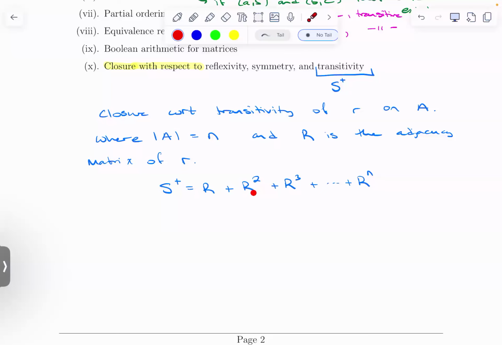How do you get R squared? You take R times R. Matrix multiplication. Uh-oh. How do you get R to the 3? Well, you take R squared times R. And then you take it times R all the way up until N, which is going to be the set size of A. So if, for example, A has 4 elements, 1, 2, 3, 4, then you would have to go up to R to the power of 4. And then you add all those matrices. Kind of sneaky.